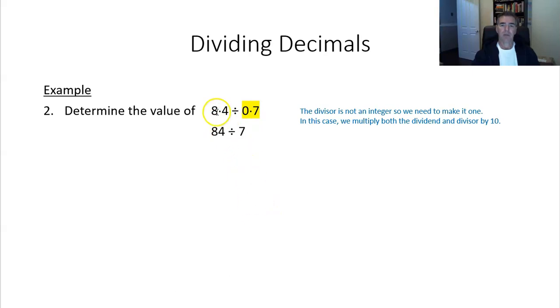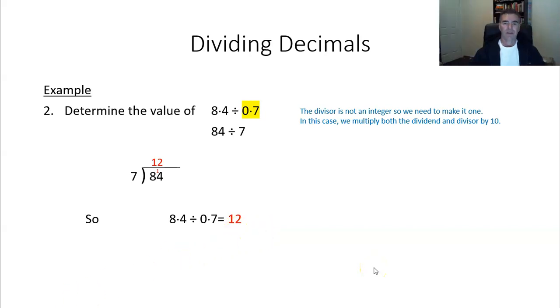So now, if I multiply 8.4 times 10, I get 84. And if I multiply 0.7 by 10, I get 7. What we now have is the question 84 divided by 7. So, set up our algorithm. 7's into 8 go once, with one remainder. That remainder comes over to the 4 and is 14. And 7 into 14 goes 2, so I get 12. So now, 8.4 divided by 0.7 is 12.